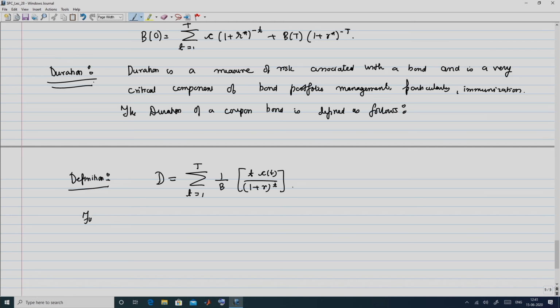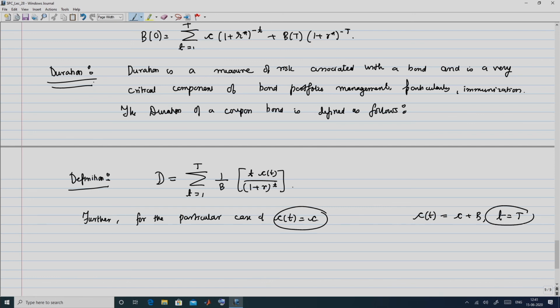So, again we note this in the particular case. Let us see what the duration turns out to be in the particular case of C of t equal to c. Here I must clarify one thing, that C of t is actually going to be C plus B for t equal to capital T, just to remove any ambiguity as far as this notation is concerned.